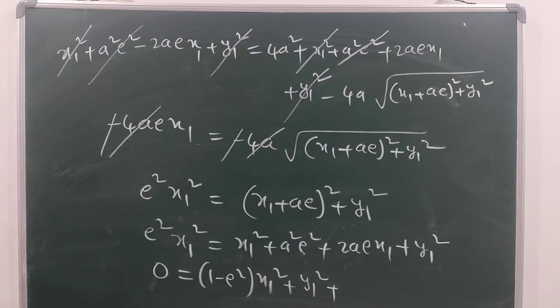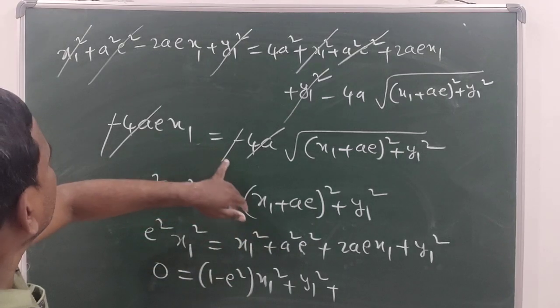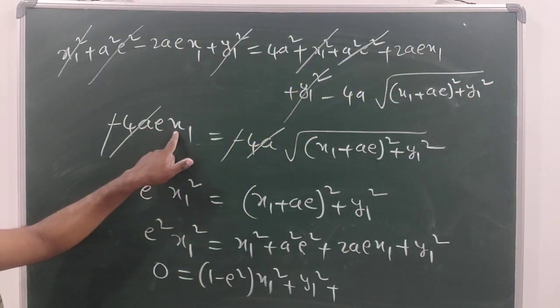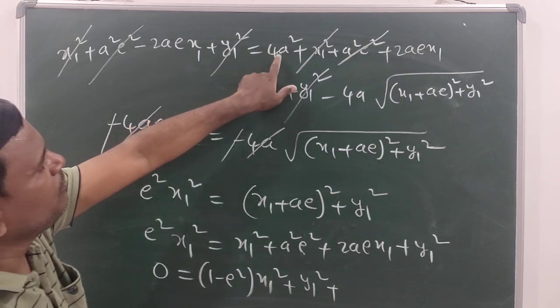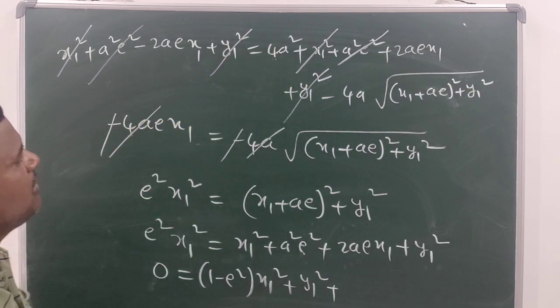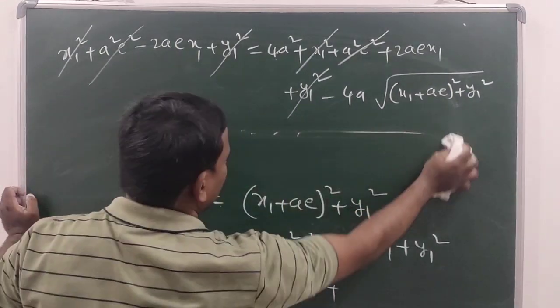students, here we did one mistake. Here, okay, when you bring this one left side, here minus 4AE x1 we get, and here one 4a square is there. Here we have forgotten to write this one. See here, again you do from here onwards.